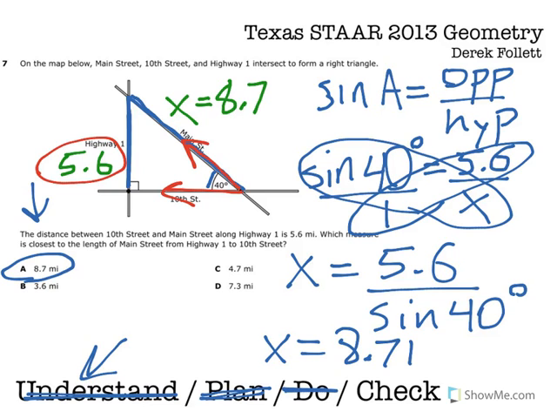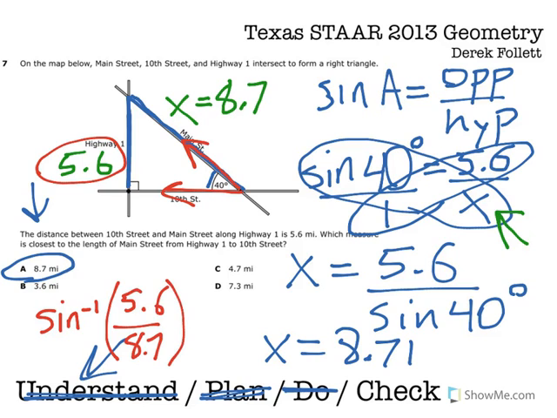Another thing I could do, I could go ahead and plug it in here. So I can do 5.6 divided by 8.71. And then take the inverse sine of that. So I know the sine of my angle is 5.6 over 8.7.